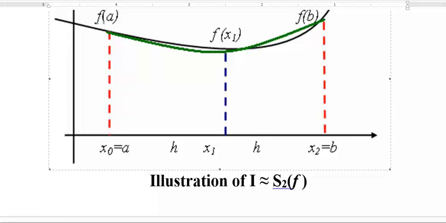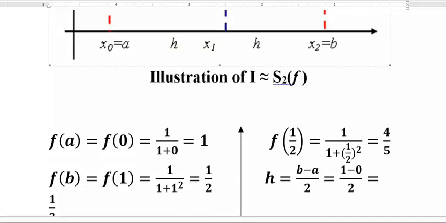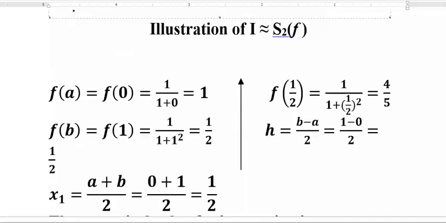The green line is the estimated value, and it is near the function curve. So we shall see that the Simpson rule is more accurate than the basic trapezoidal.